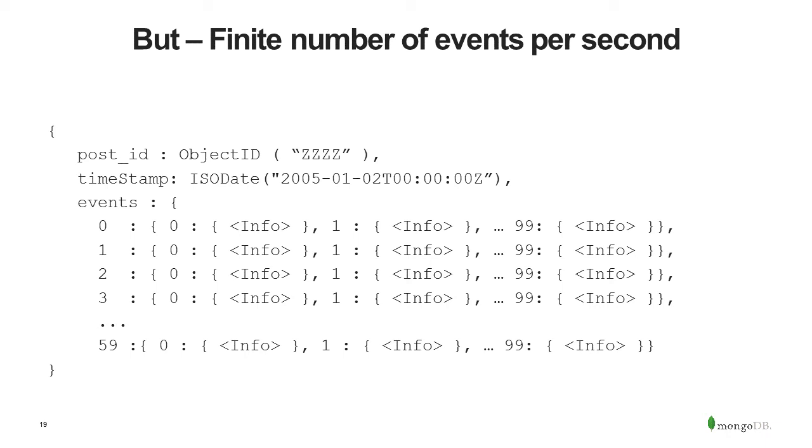So now, for the post ID, we have a timestamp, which represents the time frame that we start tracking, and then we store the events essentially as a sequence inside a document, 0 to 59, right? That gives us the seconds for this particular timestamp of event. So this gives us the ability to store the next minute's worth of events.